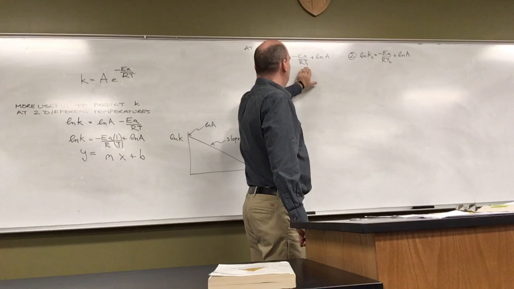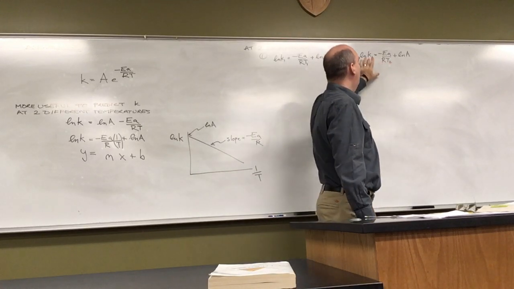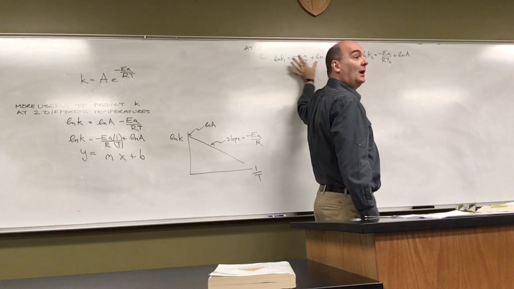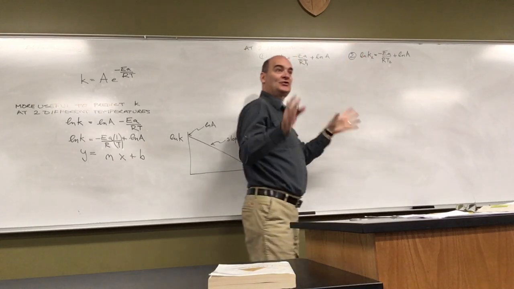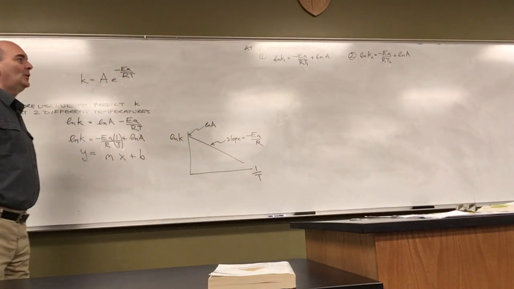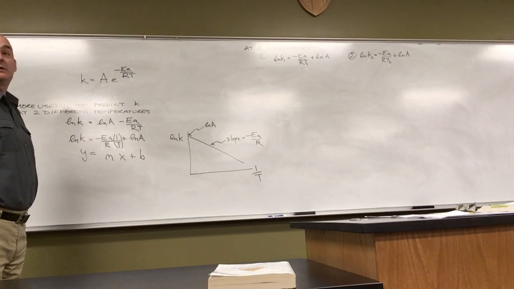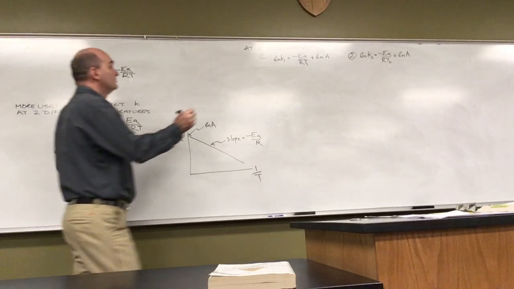At this temperature, I'm going to have this unique rate constant. At that temperature, I'm going to have this unique rate constant. And these two separate Arrhenius equations tell the story. I'm just going to take line 1 and subtract line 2 from it.